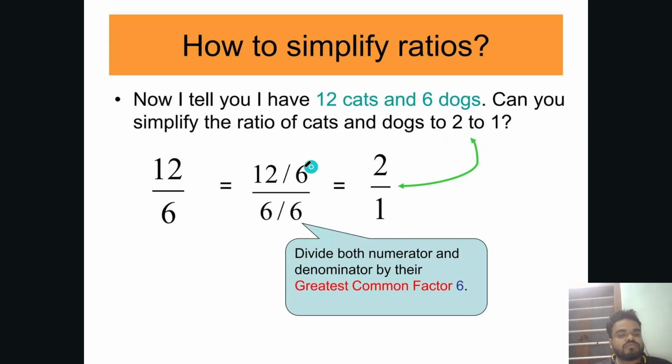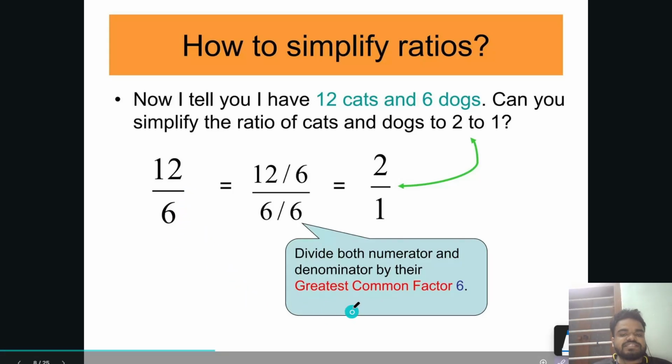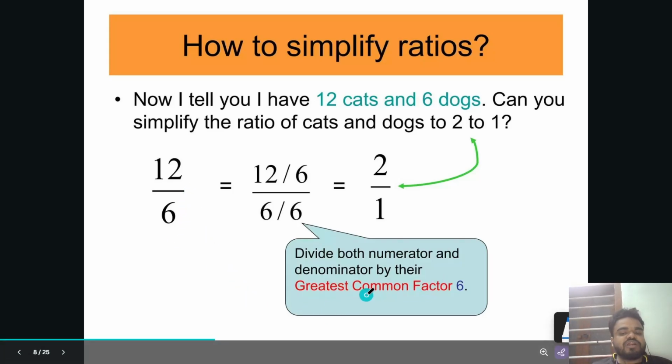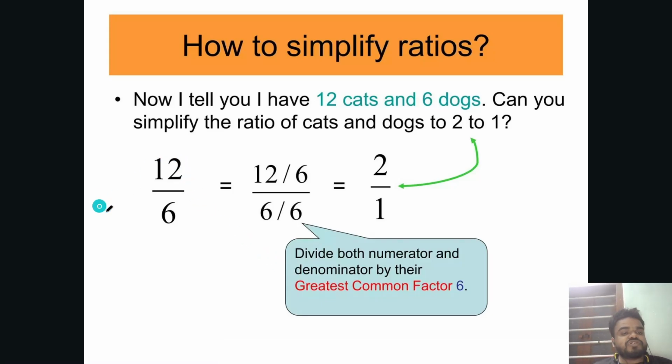How? 12 by 6. To simplify, first you have to find the GCF or HCF, the highest common factor or greatest common factor of these two numbers. How to find this?